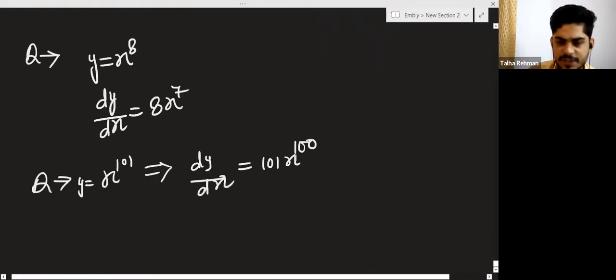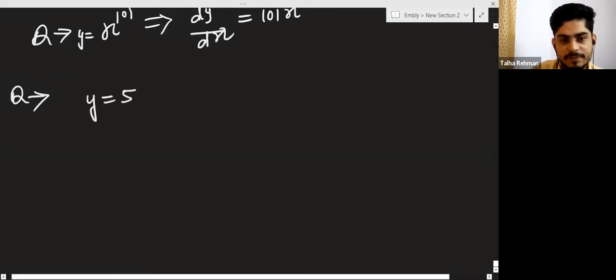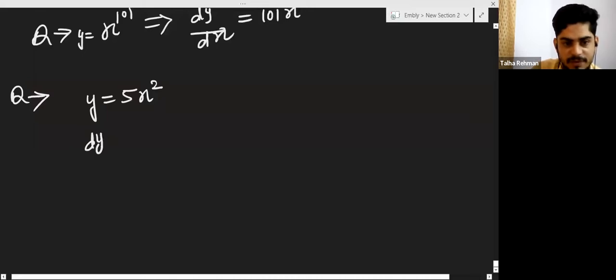I am just changing a little bit. If y is equal to 5x square, and you want to differentiate y with respect to x, then you will multiply this number with this.